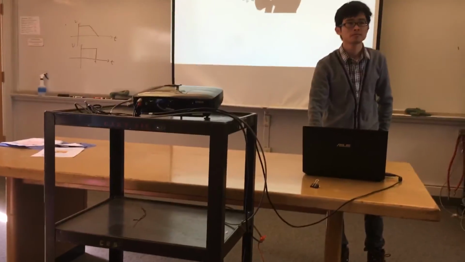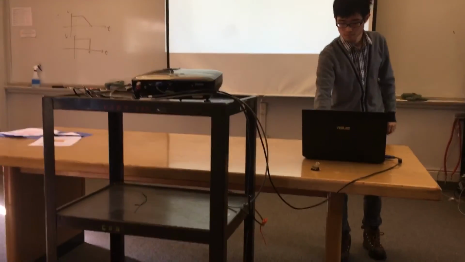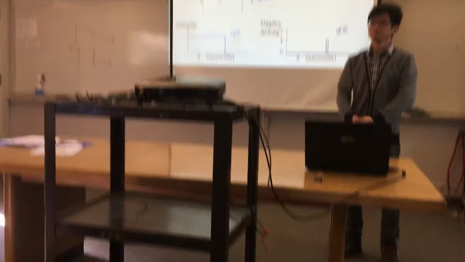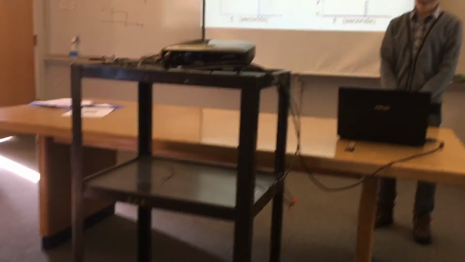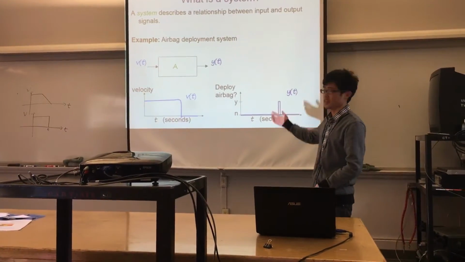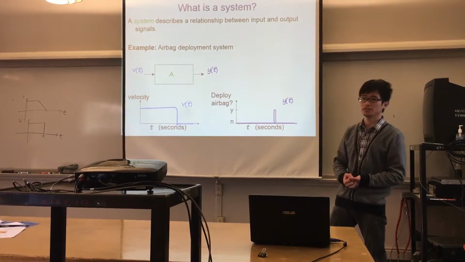I think the key point is our cars have different airbag deployment systems. Yeah, maybe from the front, from both sides. Yes, what he said is correct. So this is just an example of one kind of airbag deployment system.